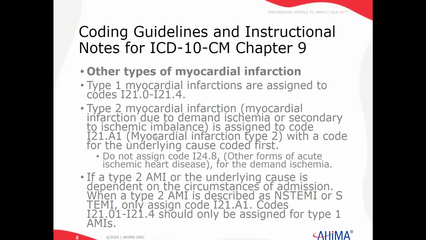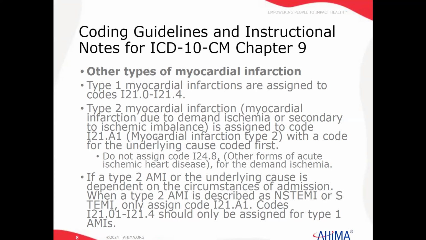And again, if it's a type 1, as we mentioned, it's going to be assigned to I21.0 through I21.4. Type 2, in other words, myocardial infarctions that are due to demand ischemia or secondary to some sort of imbalance, are going to be I21.A1. It is not going to be coded as I24.8, right?